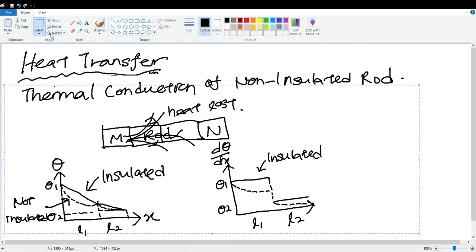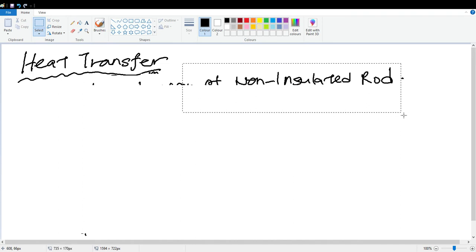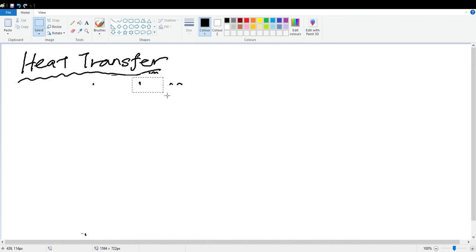Let's move on to the new subtopic. From the previous video, we talked about how heat can be transferred in three states, which is solid, liquid, or gas.